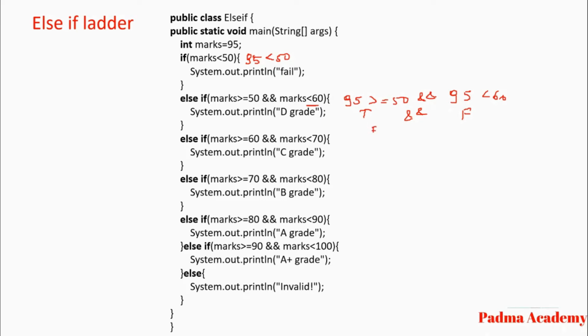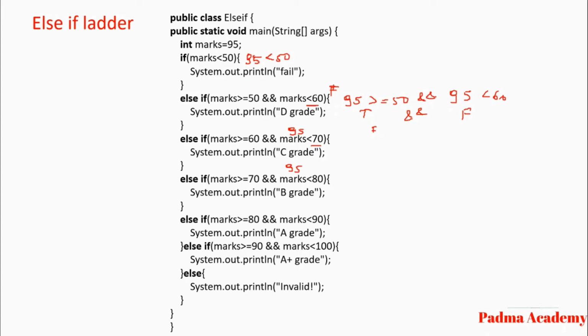So this condition is also false. So it will check the third condition, that is marks greater than or equal to 60 and marks less than 70. This condition is also false because 95 is not less than 70. Then it will check condition number 4, marks greater than or equal to 70 and marks less than 80. 95 is not less than 80, so this condition is also false.